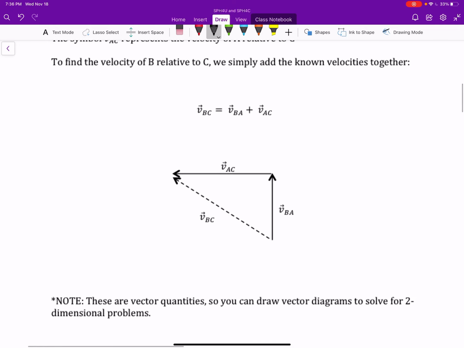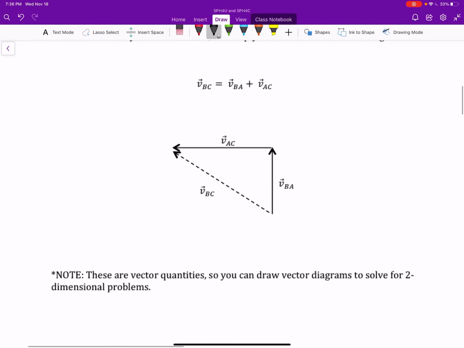So to find the velocity of B relative to some other object C, we simply add the known velocities together, just like our regular vector addition. We can add them together to determine how they work together, because of our rules for adding vectors.